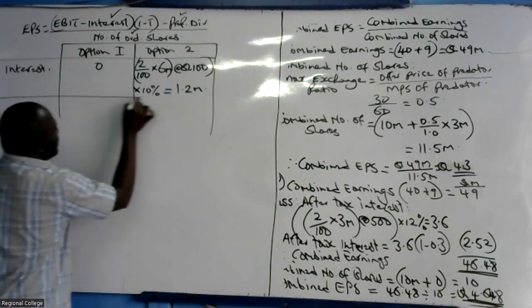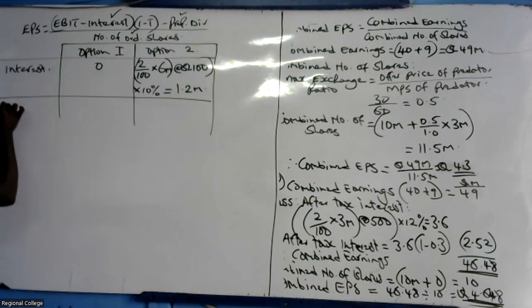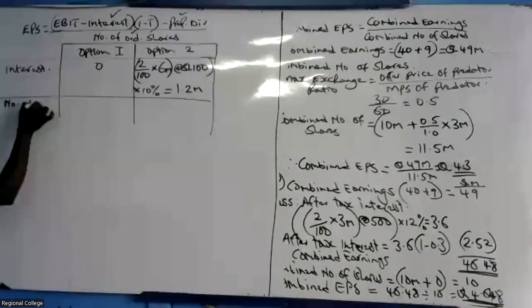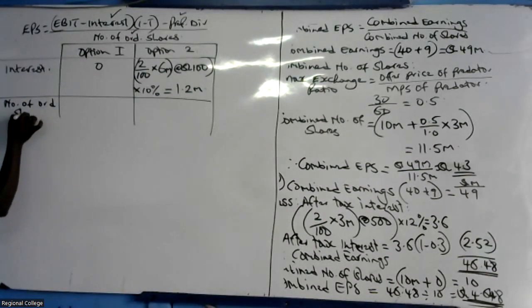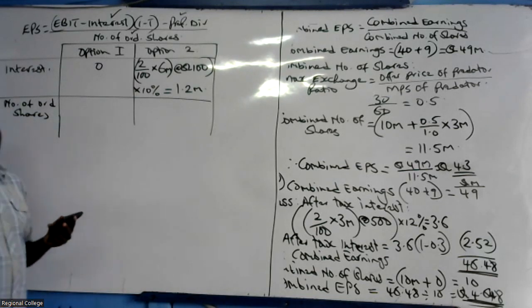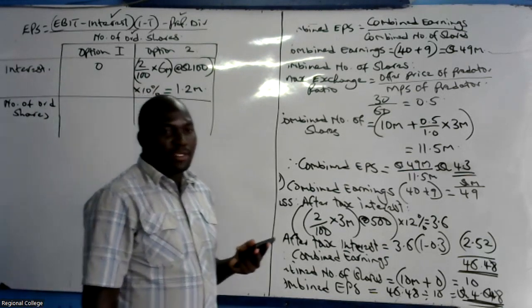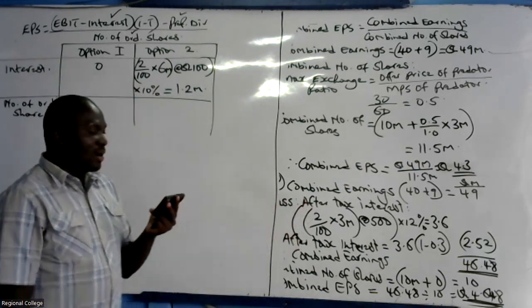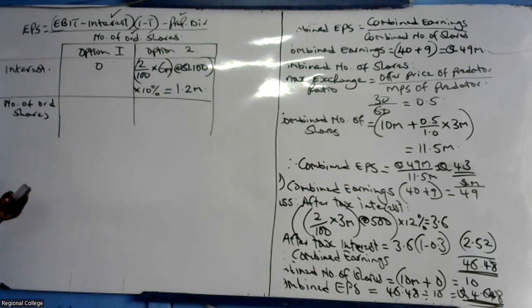What of the number of shares? Number of ordinary shares under option one, the combined: Nangina has how many shares? I think 20 million.